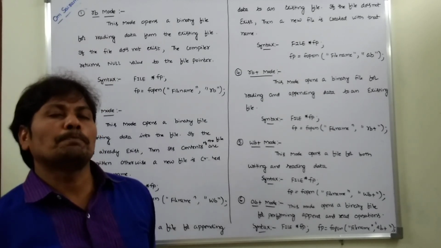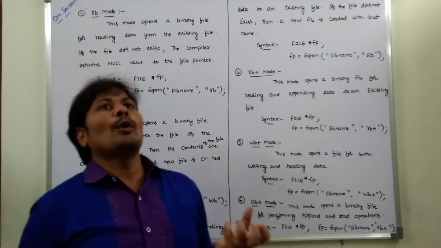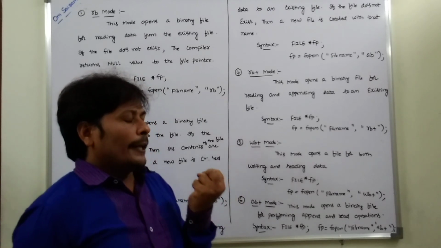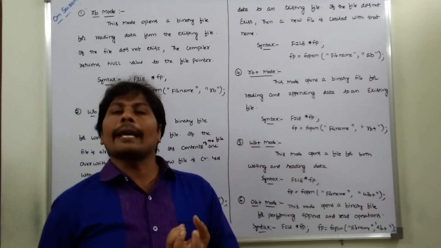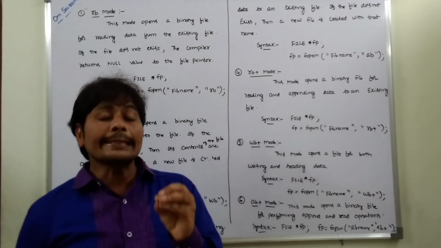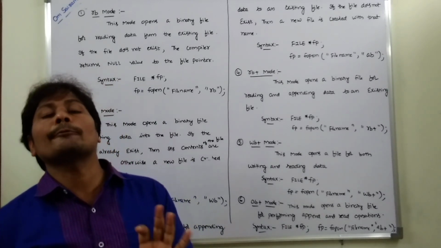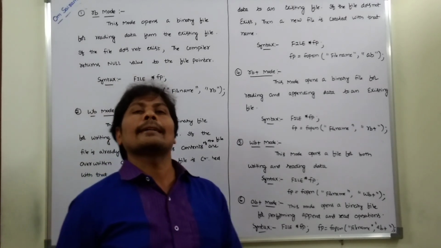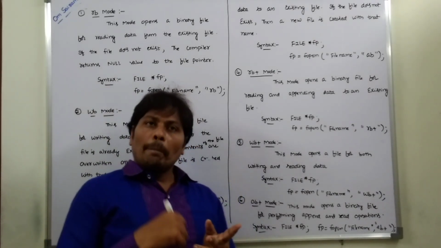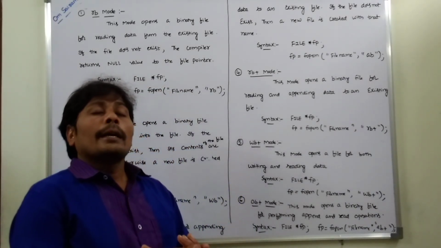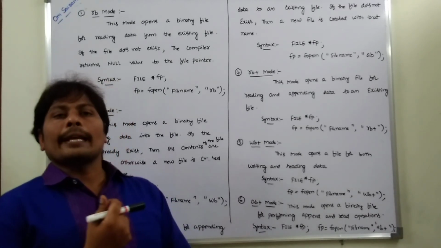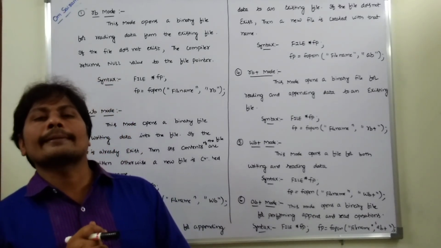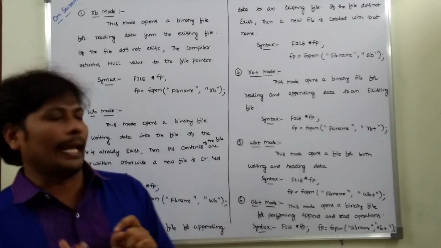In this mode, if the file already exists, then the contents of the file are overwritten. If the file does not exist, then a new file is created with that name.